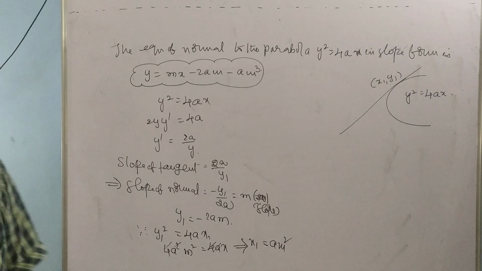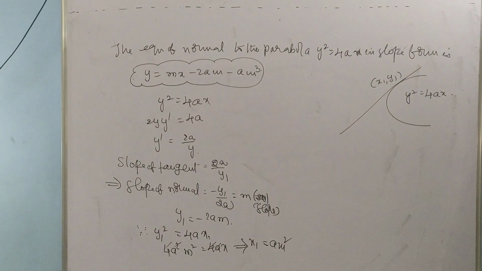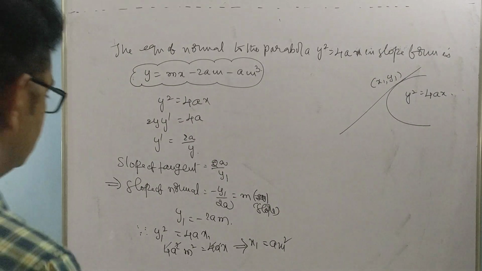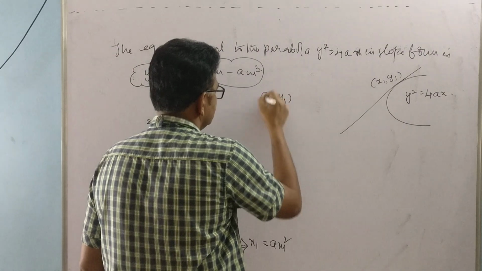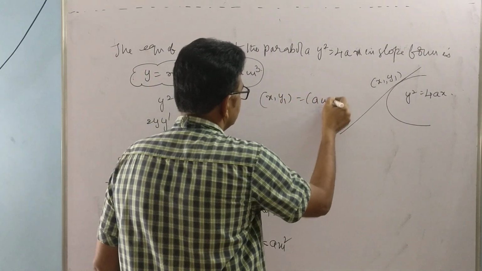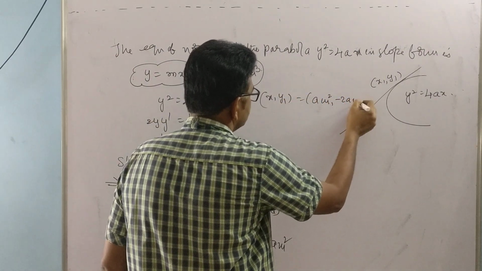Therefore the point x1 comma y1 is equal to am square comma minus 2am.